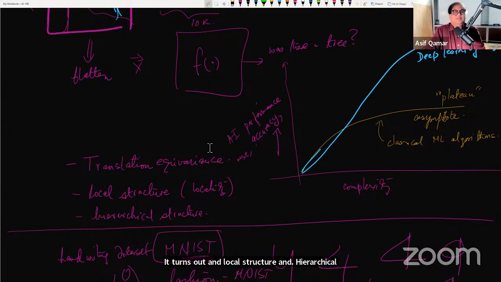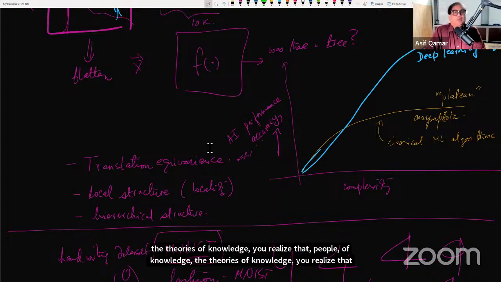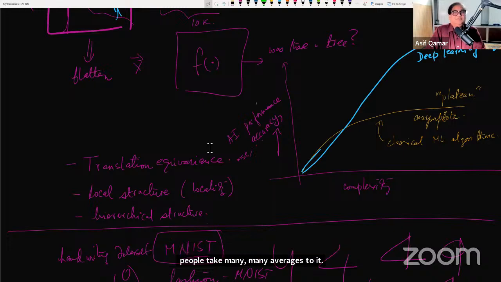Things are compositional. This goes down actually to a lot of theories, and it's a little bit of a tangent. If you look at the philosophy of knowledge, the theories of knowledge, you'll realize that people take many, many approaches to it. One of the things people often say is that knowledge is compositional. Suppose you see something that you don't recognize. Your basic mindset is to start breaking it down into components that you do recognize, isn't it?